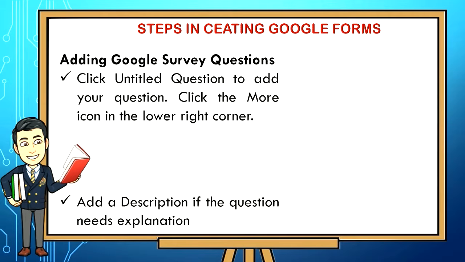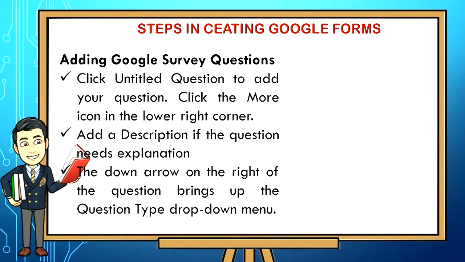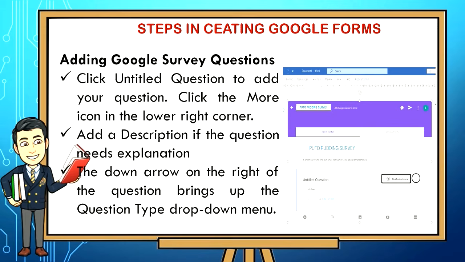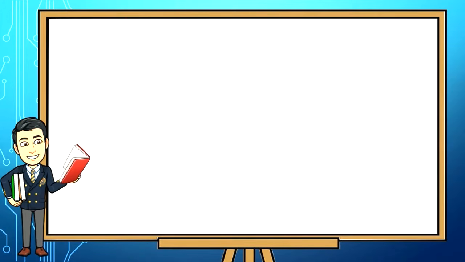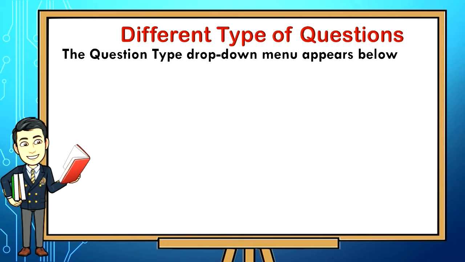Add a description if the question needs explanation. The down arrow on the right of the question brings up the question type drop-down menu. Different types of questions. The question type drop-down menu appears below.